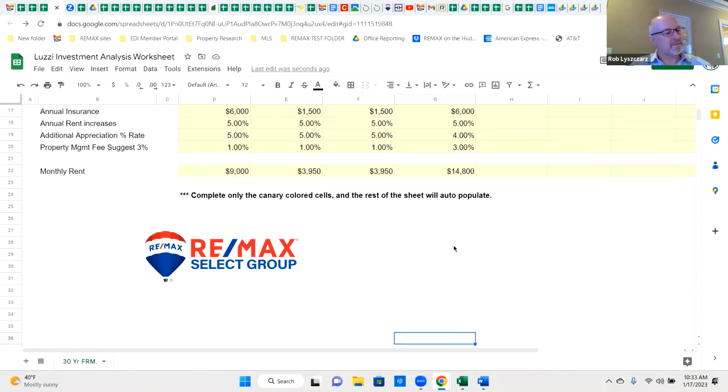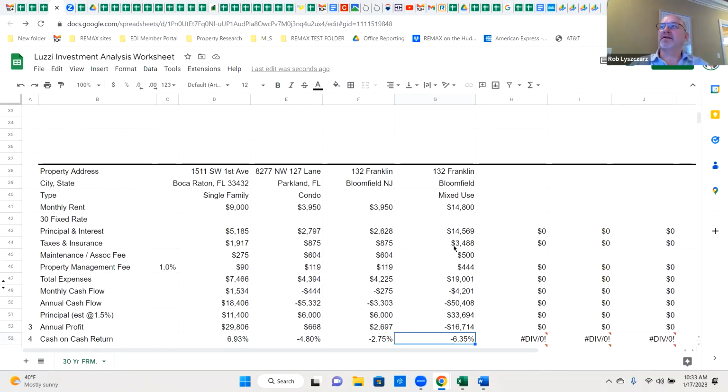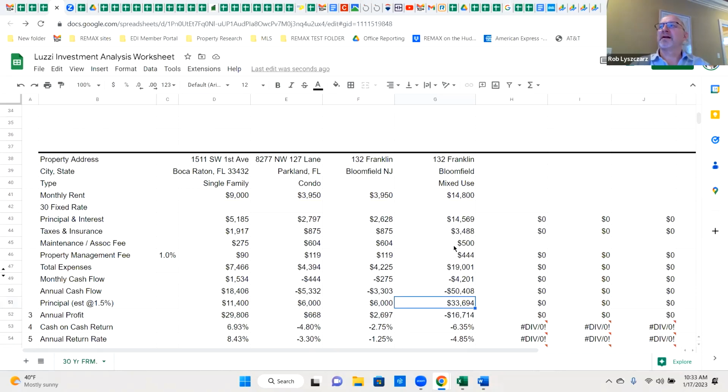Okay. So if it's in decent shape, a 2-bedroom, 1 bath in Bloomfield should be $1,700-1,800 minimum. Should not be $1,300. So that brings your monthly rent up to $14,800, and it takes your cash flow still negative, right?